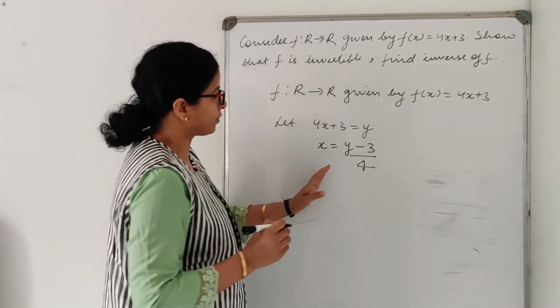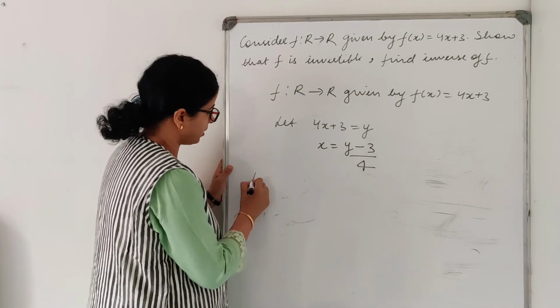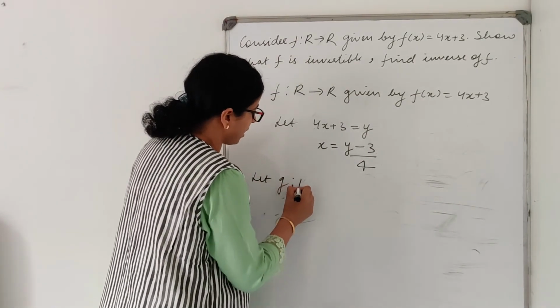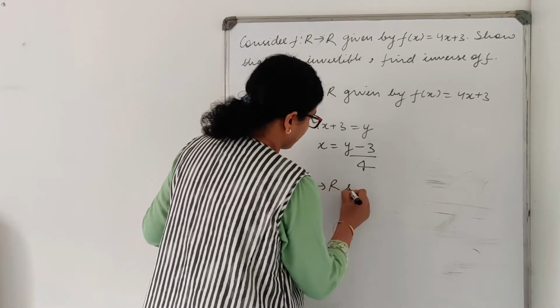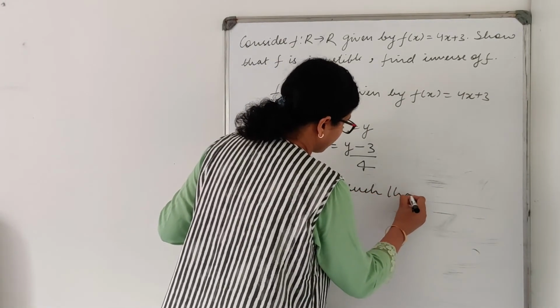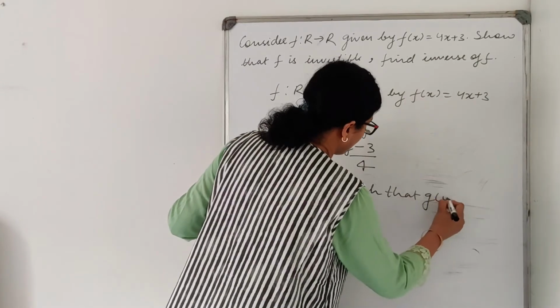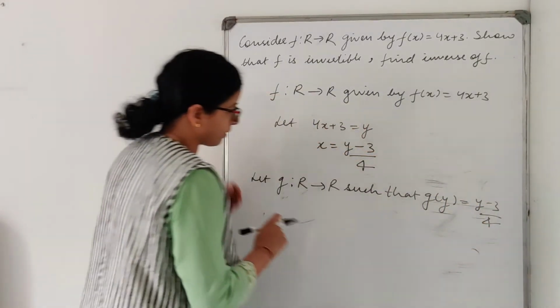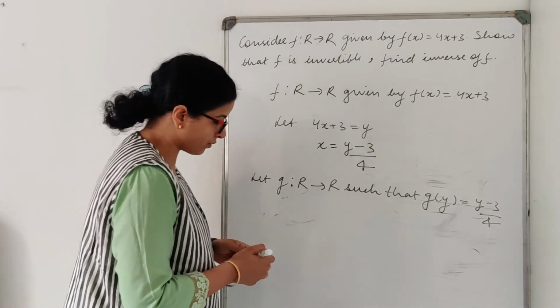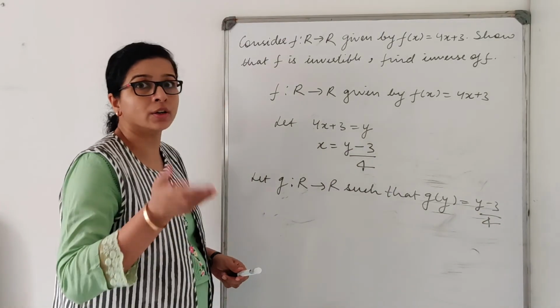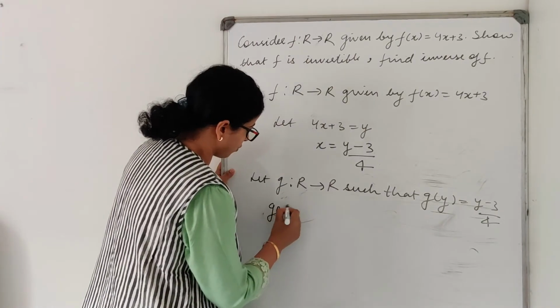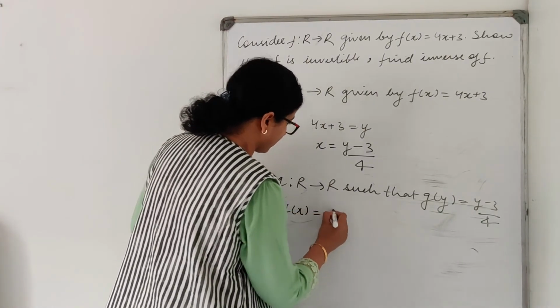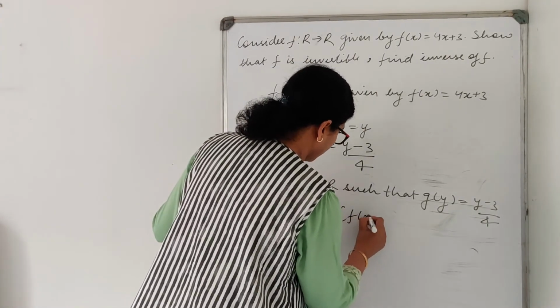Now we have to define another function. Let g: R → R such that g(y) equals (y − 3)/4, right? So now what we have to do, we have to check fog and gof. So gof of x is nothing but g of f(x), okay?